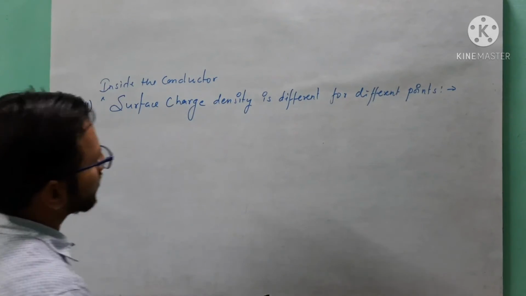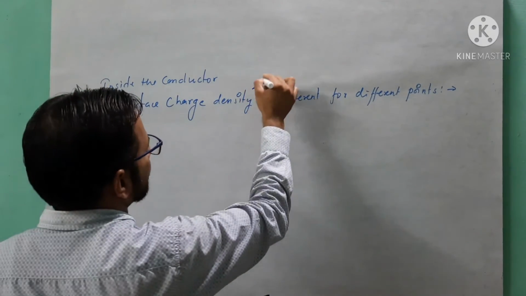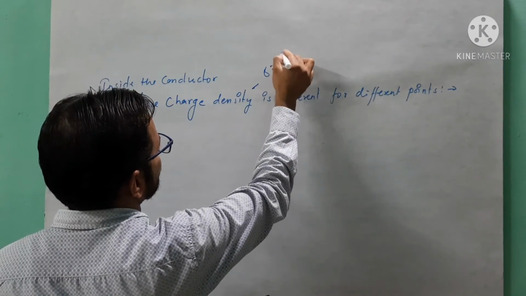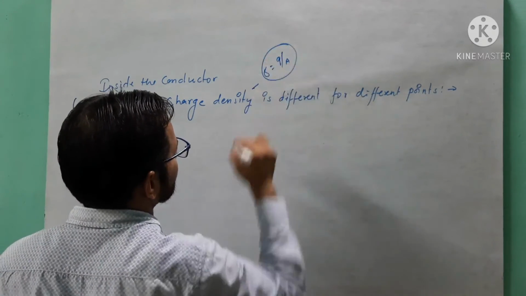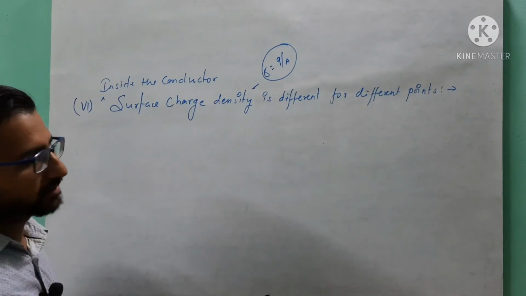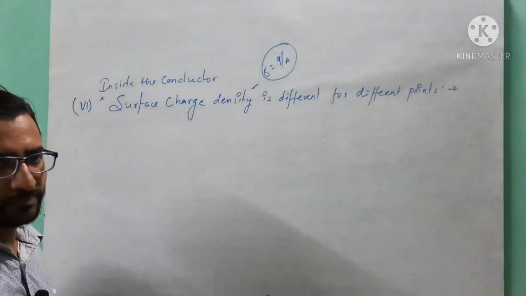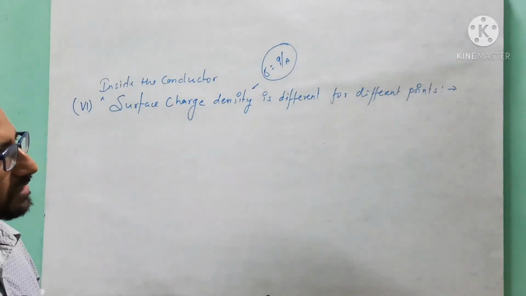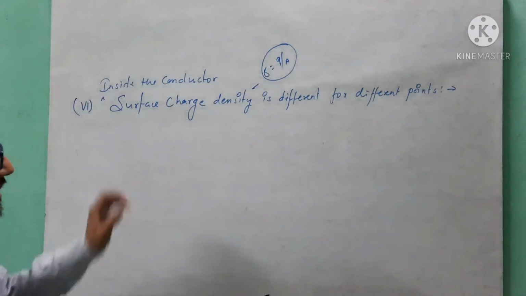This condition, surface charge density, which is sigma equals Q over A, is different for different points. Student, what happens in this condition? I will explain from the first condition.